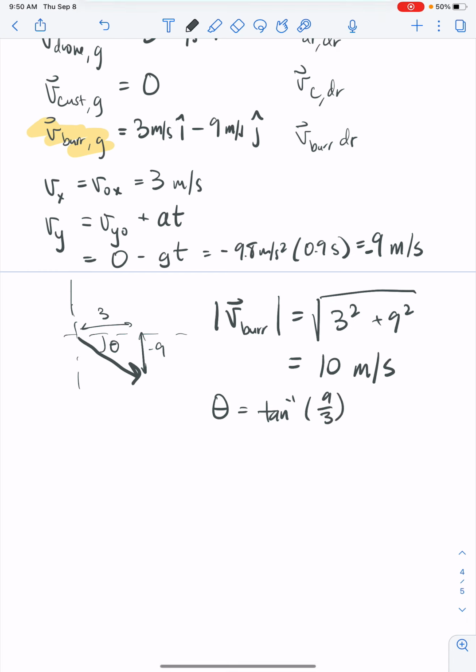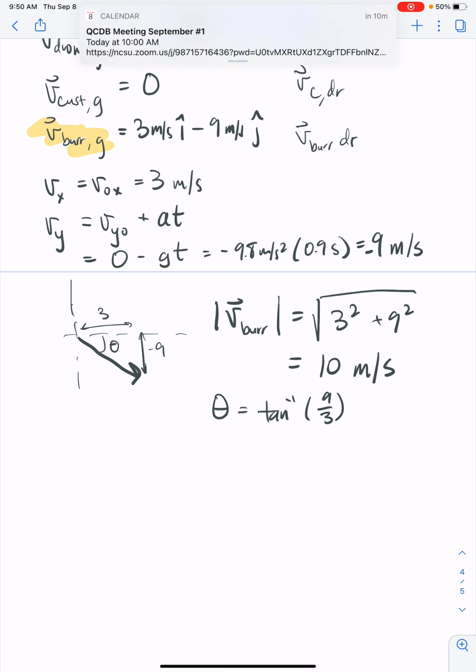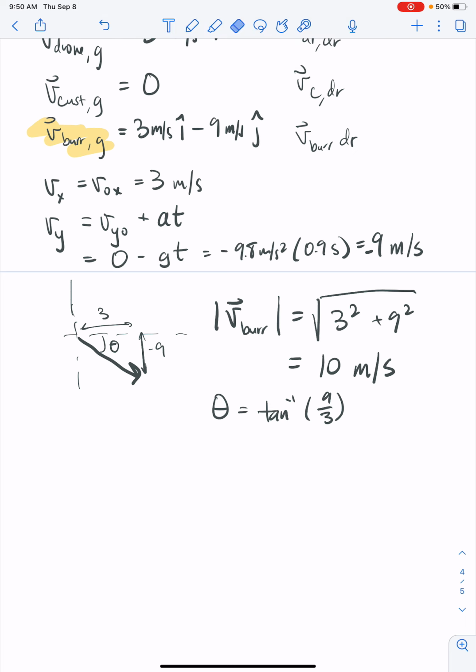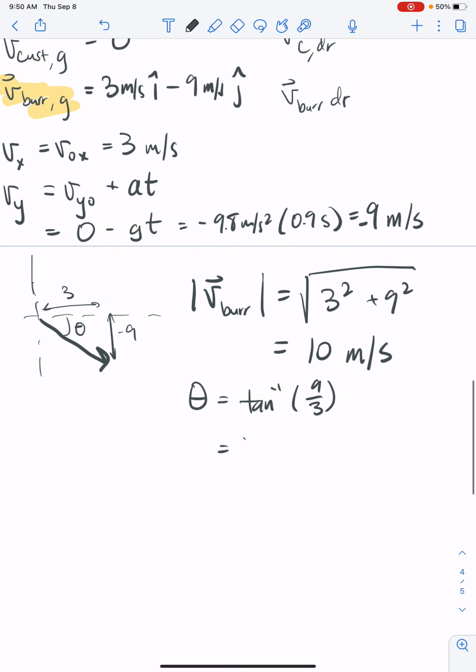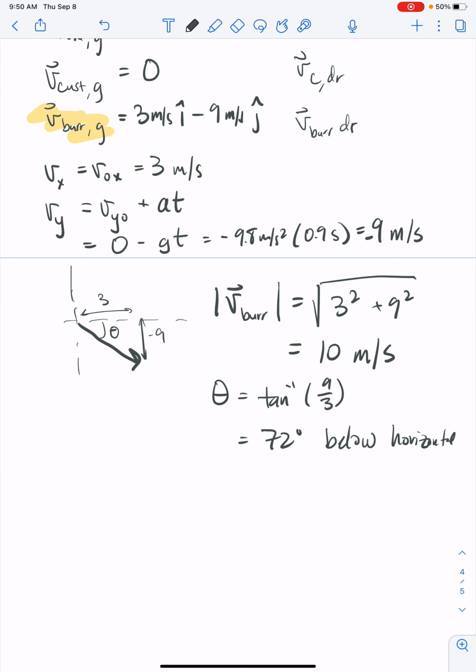I'm not using negative 9 here because I'm going to give that angle with respect to the origin and say that it's clockwise. So I want to just consider the triangle instead of thinking about the direction of the angle of that triangle. So that is an angle of 72 degrees below the horizontal. Okay. So either way of describing this velocity would be fine.